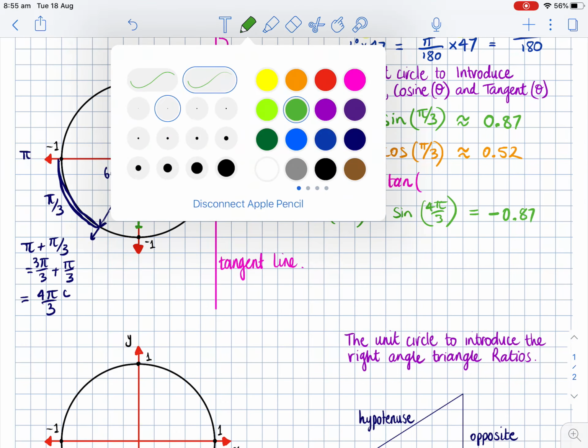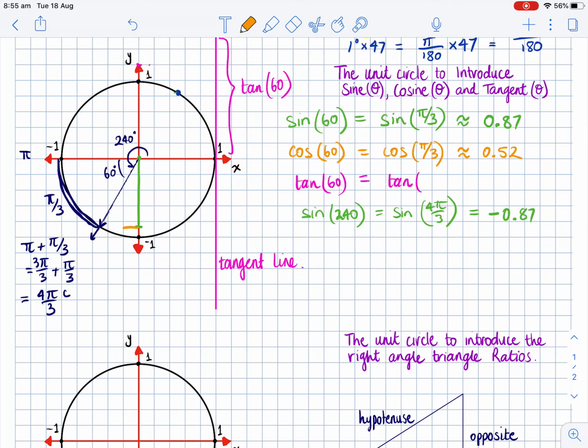And my cosine value is this horizontal distance here. And same thing as before, that horizontal distance is going backwards. So cosine of 240 is the same as cosine of 4 pi on 3.